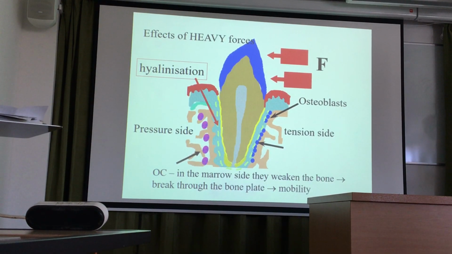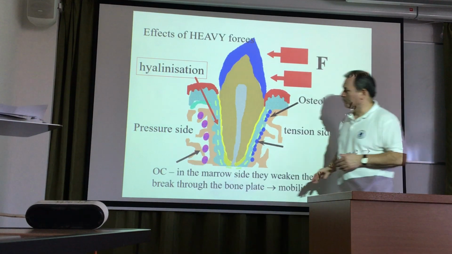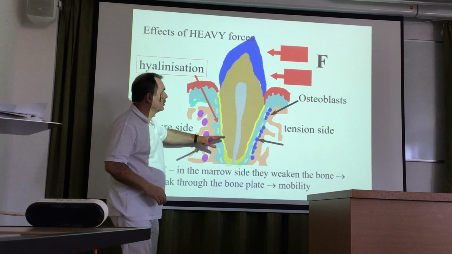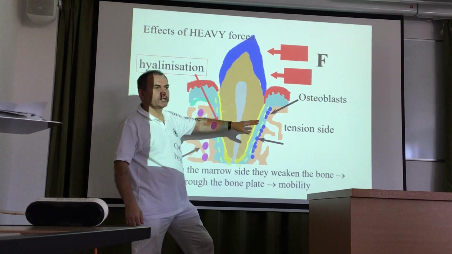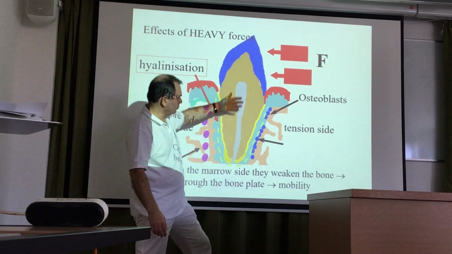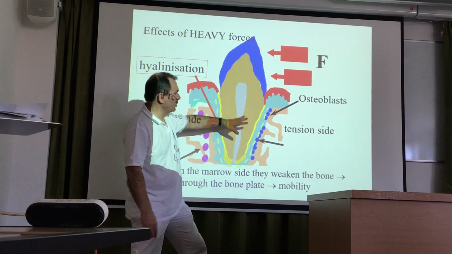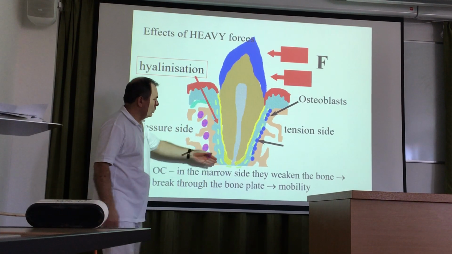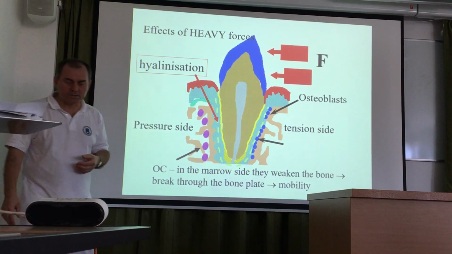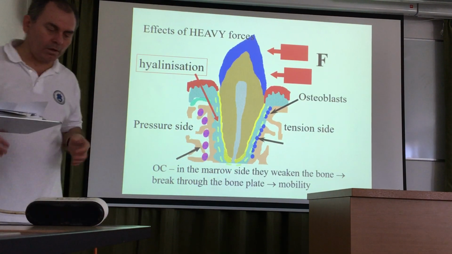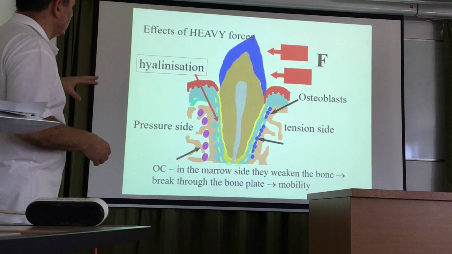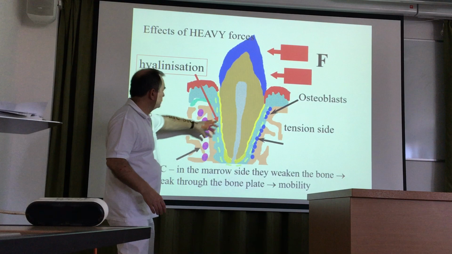So you can see here the case. With too strong a force, no problem under the tension zone, because here the pressure is decreased, there is osteoblastic activity, and the PDL is widened, so the blood supply is increased. But the problem is here.